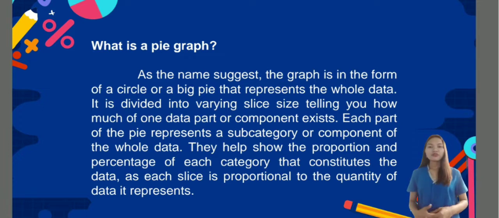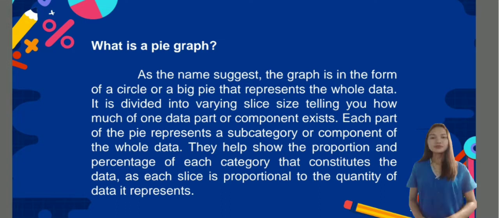Each part of the pie represents a subcategory or component of the whole data. They help show the proportion and percentage of each category that constitutes the data, as each slice is proportional to the quantity of data it represents.